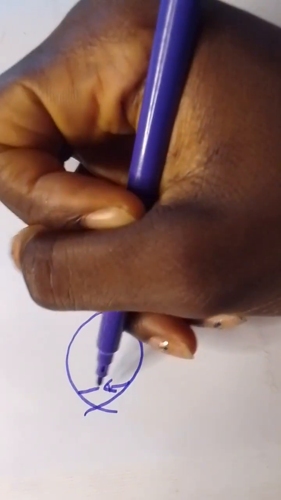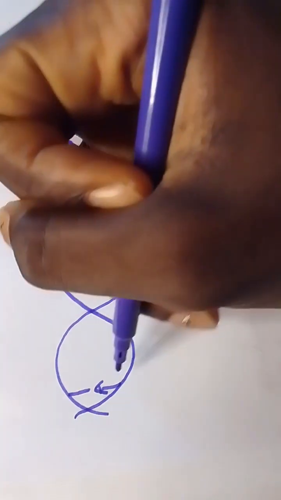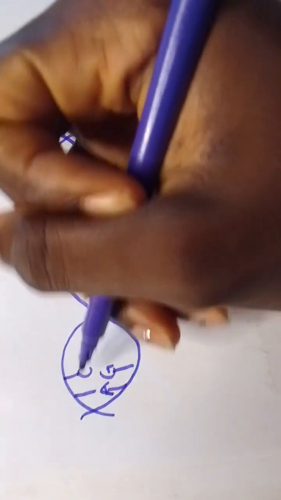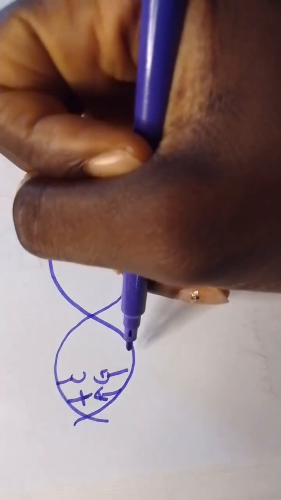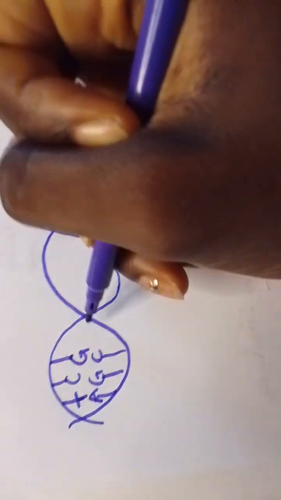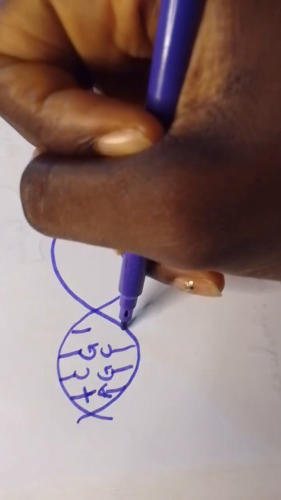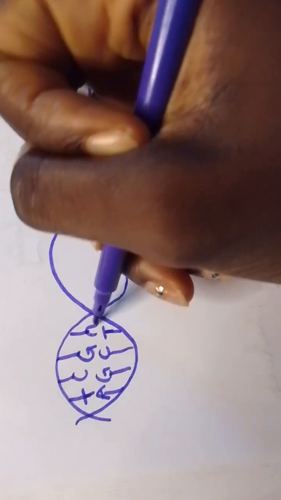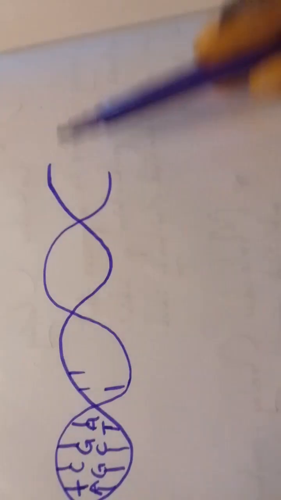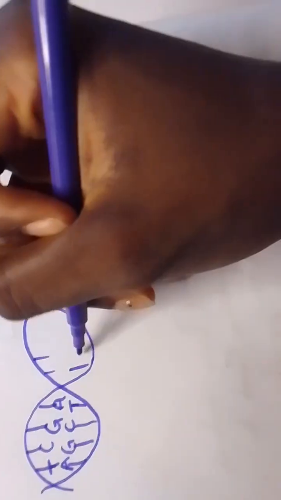So you have adenine to thymine, guanine to cytosine, guanine to cytosine, thymine to adenine. So you have the full DNA and then you have DNA segments.